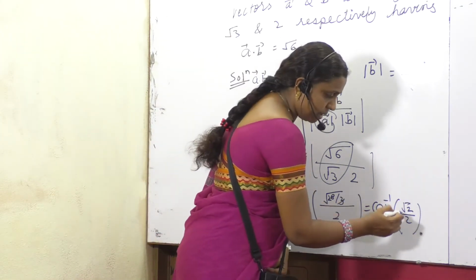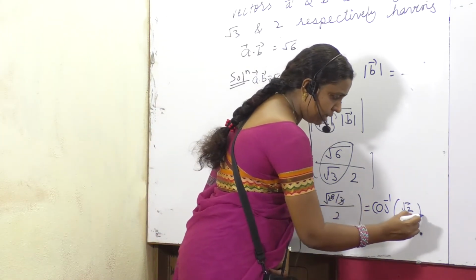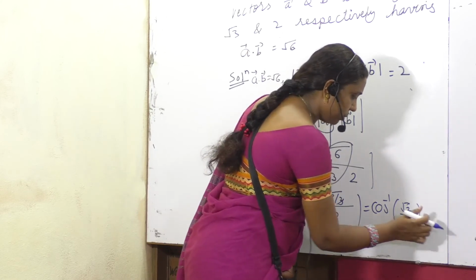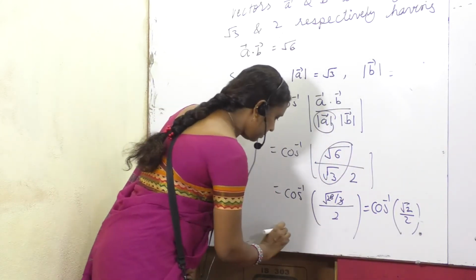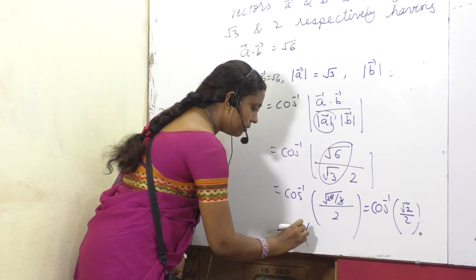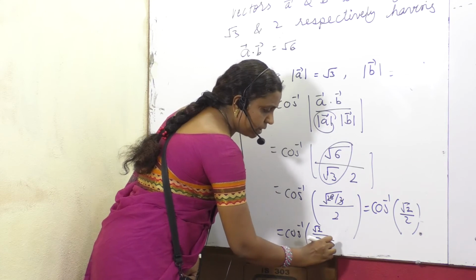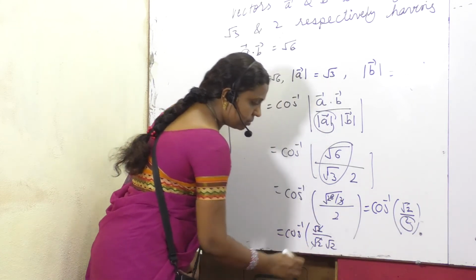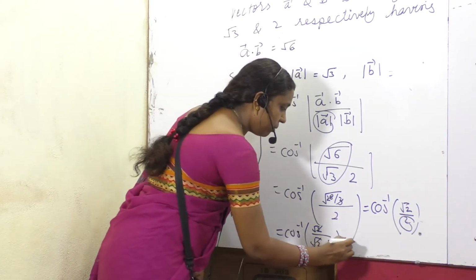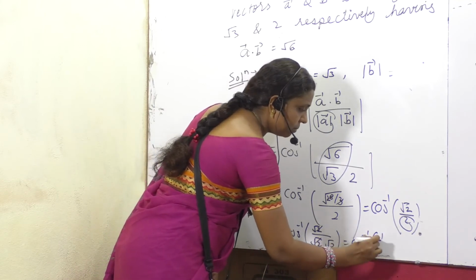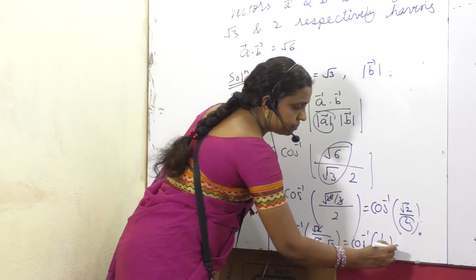And 2 can be written as root 2 into root 2. Let me continue here. Cos inverse root 2 over root 2 into root 2. So cancellation, and what do you find? Cos inverse 1 by root 2.